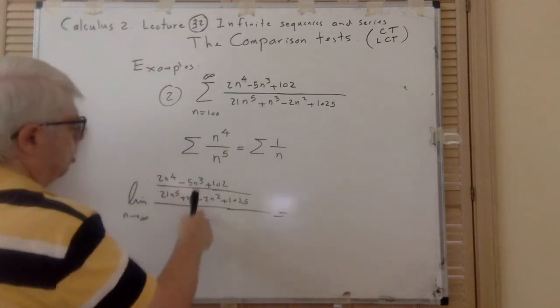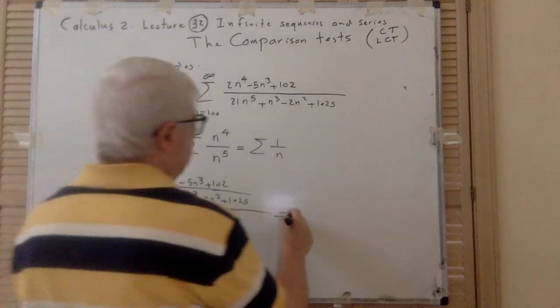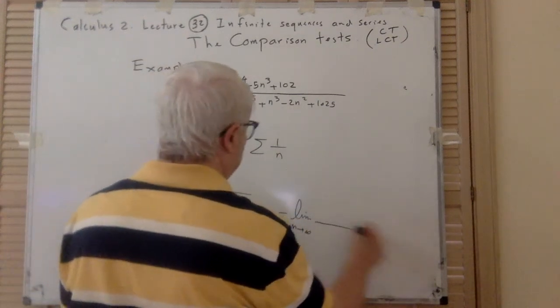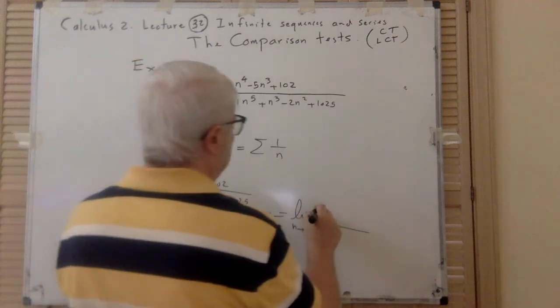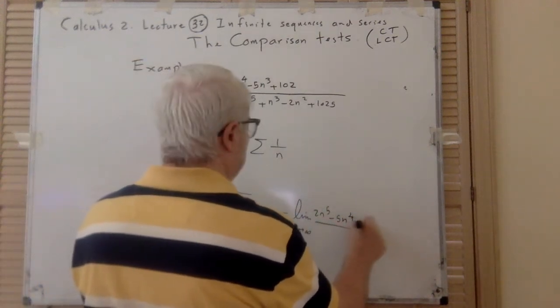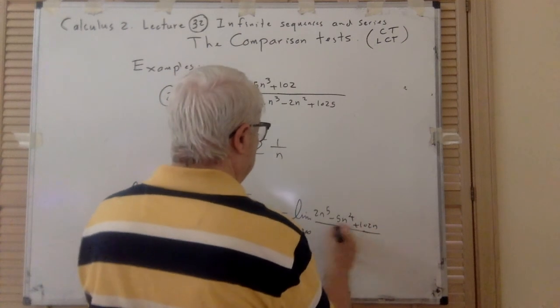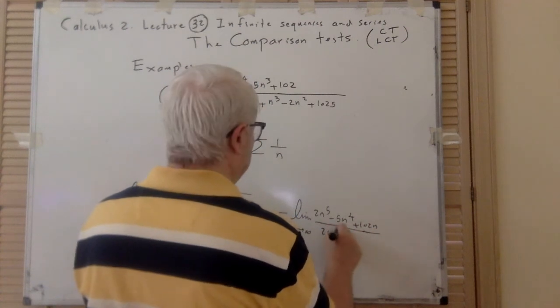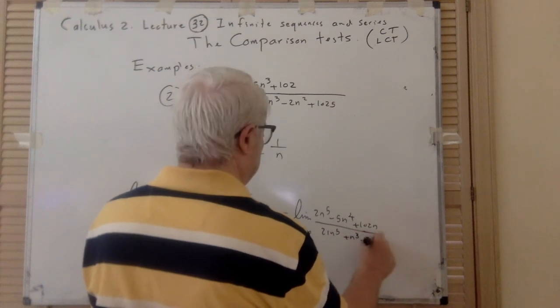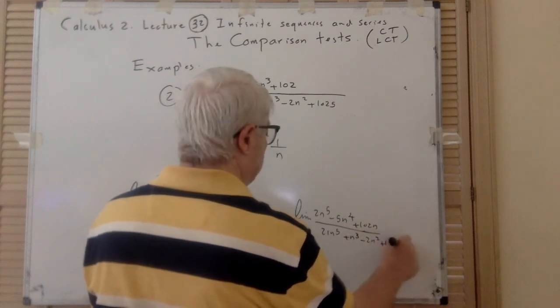This is multiplied by this, 1 by this, and that is the limit as n goes to infinity of, when n is multiplied by that, I will get 2n^5 minus 5n^4 plus 102n, and denominator 21n^5 plus n^3 minus 2n^2 plus 1025.